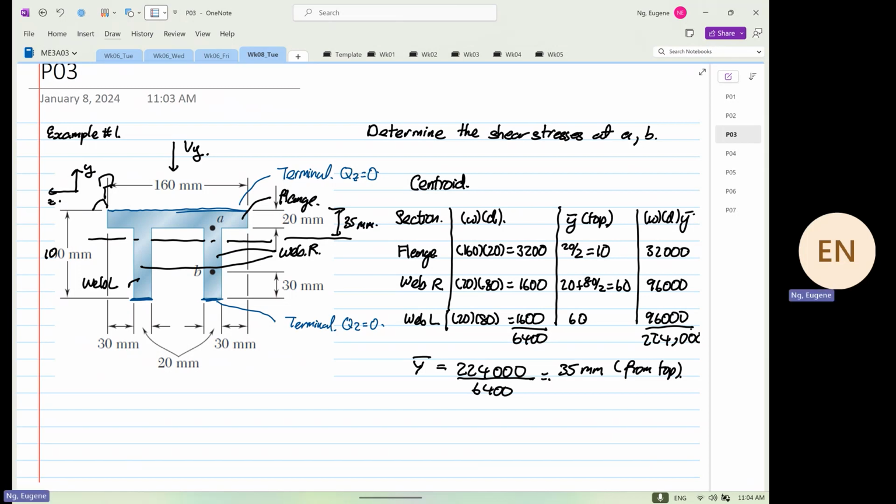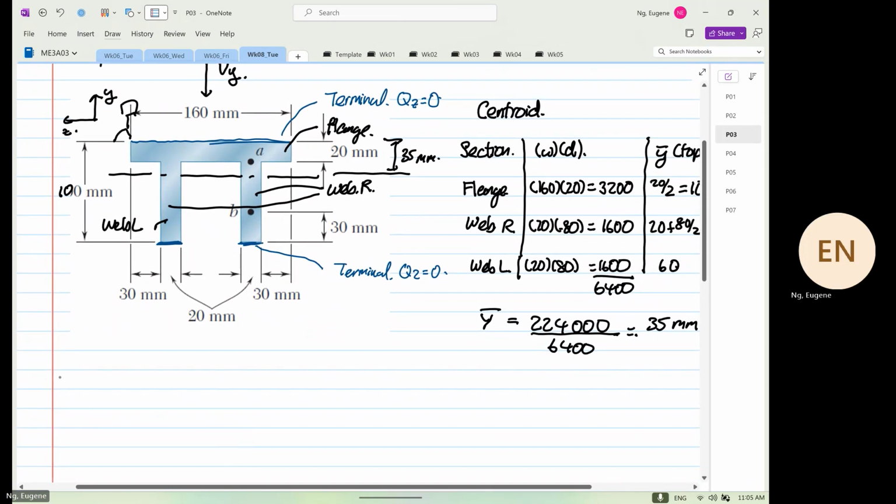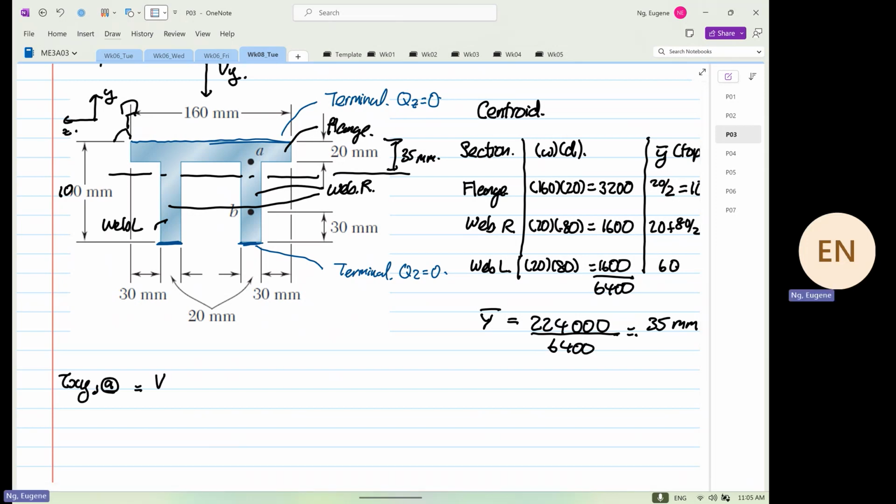Okay. So we want to find the shear stress at point A. Okay. So the shear stress at point A is equal to Vy over Izz, Qz divided by what? Divided by t. Okay.